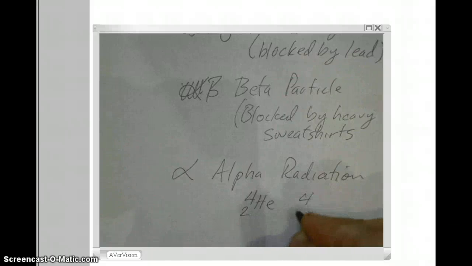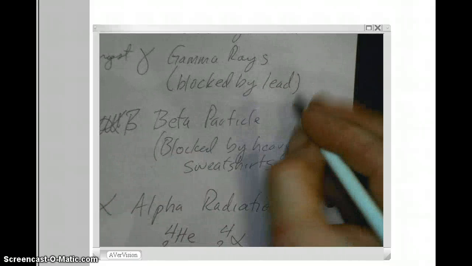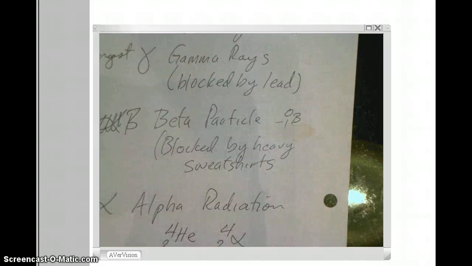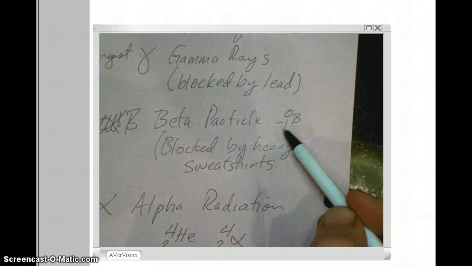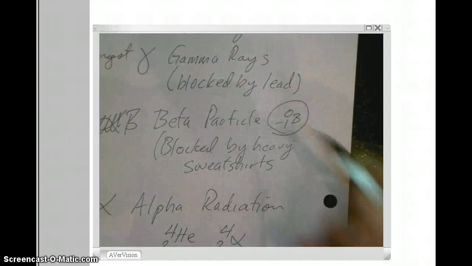We are also going to write this just like that. A beta particle is going to resemble that of an electron. So electrons don't have a mass, and they have a charge of -1. So these are the symbols that we are going to use for alpha and beta decay.